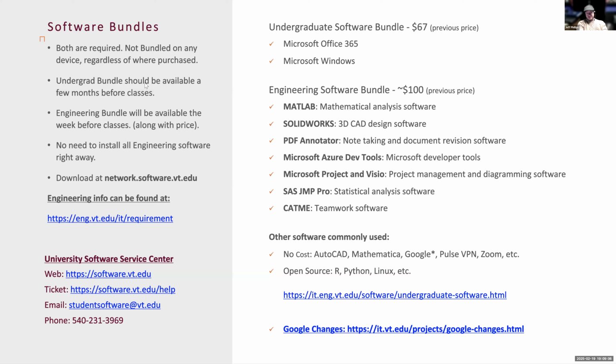The undergrad software bundle comes with Windows and Office. Even if you have that through home, high school, or a family plan, the school still requires that you purchase that, because it's a site license, and all the students use the same one, the same version.